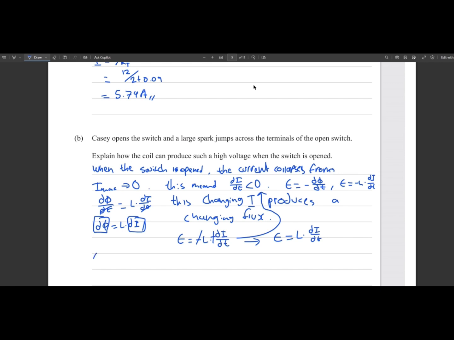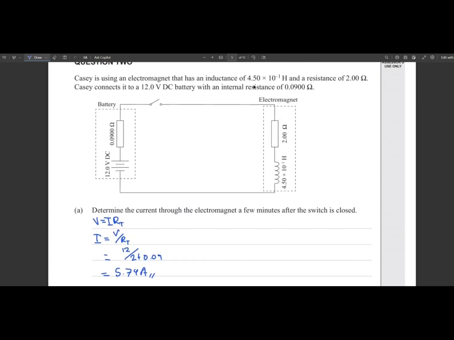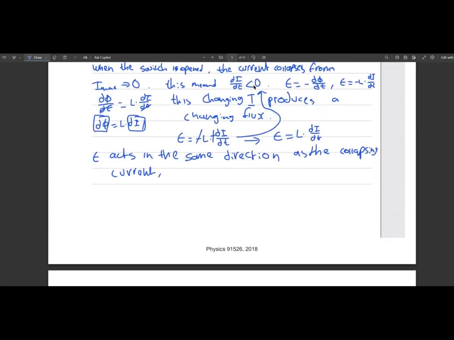So now the EMF acts in the same direction as the collapsing current, and basically that gives the current a boost, which creates this massive spark across the switch.